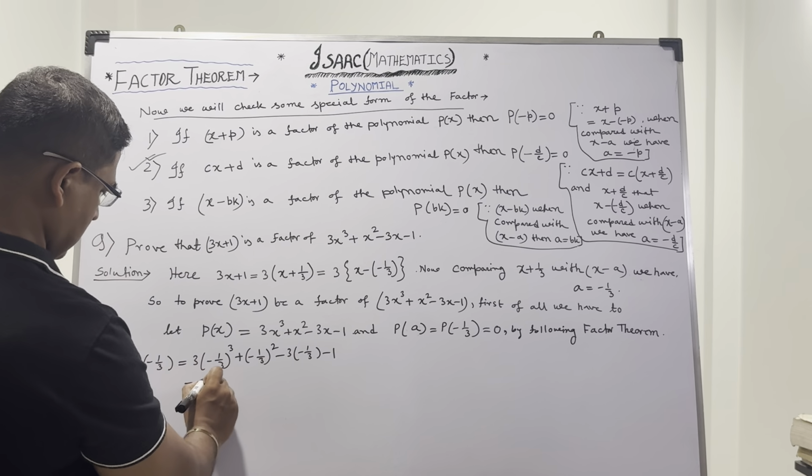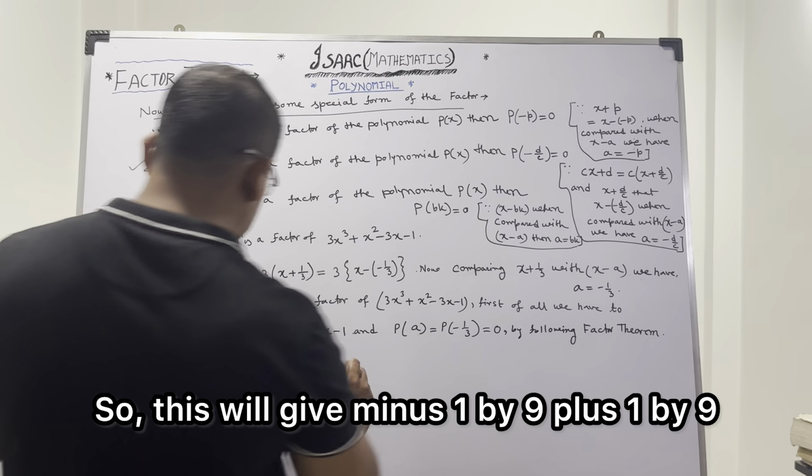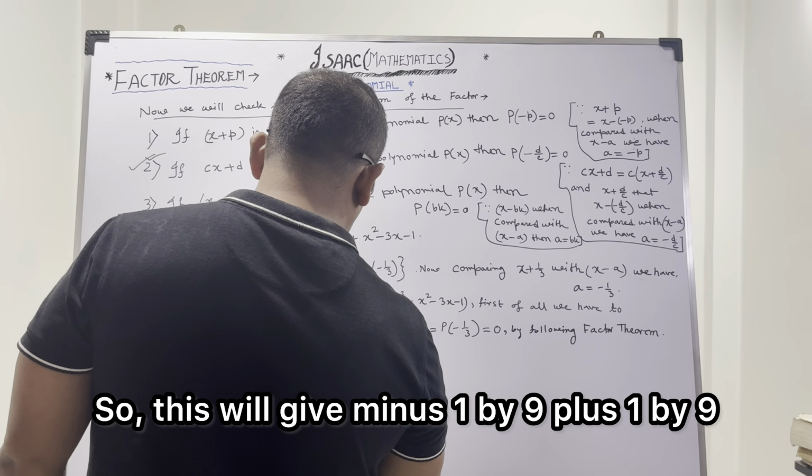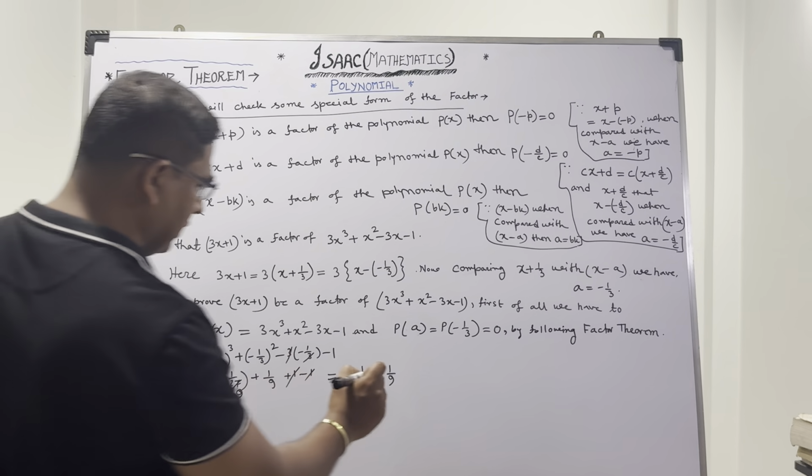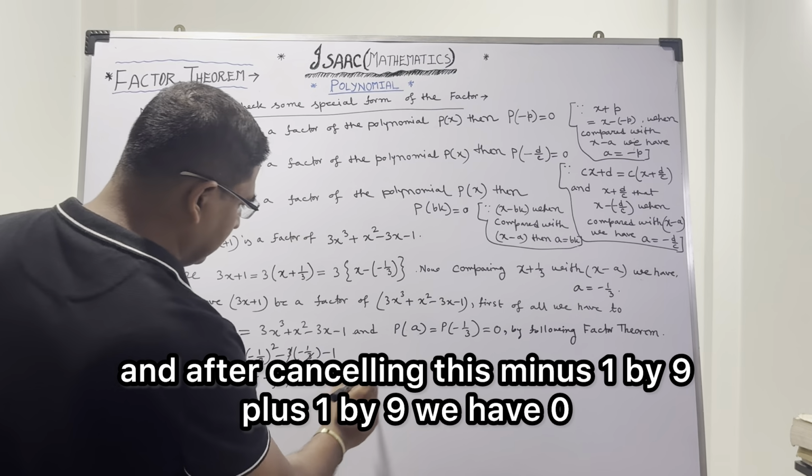This is minus 1. 3 nines are 27, so this will give minus 1 by 9 plus 1 by 9. We can cancel this plus 1 minus 1, and after cancelling this minus 1 by 9 plus 1 by 9, we have 0. So this implies 3x plus 1 is a factor of the polynomial p of x by factor theorem.